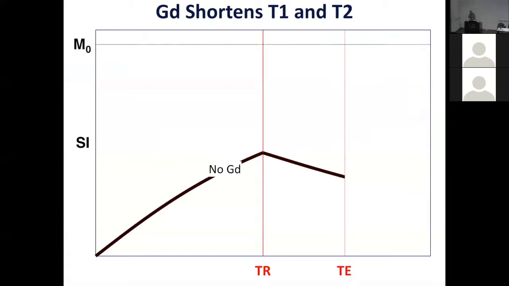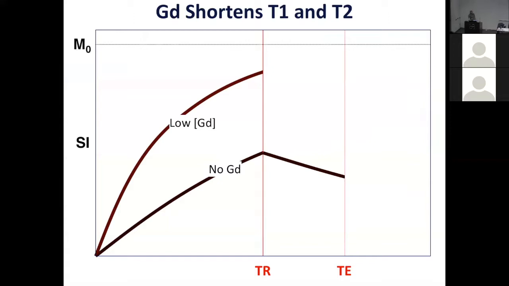And with a given TR and a given TE, this is how much signal we have when we acquire our image. Let's now give some gadolinium. If we give a low concentration of gadolinium, the gadolinium shortens the T1 relaxation. So this tissue climbs towards its M naught faster. So that's why after a certain TR, it has more signal, because it's climbing up faster.